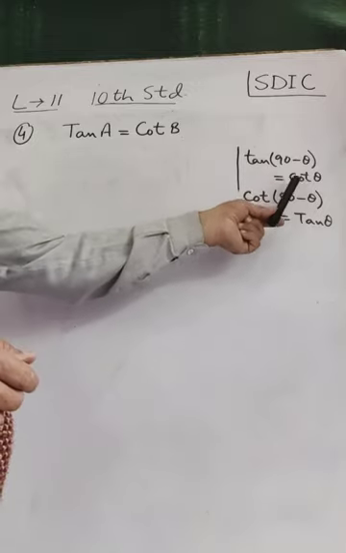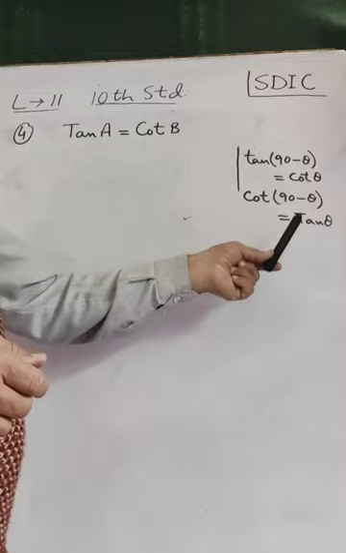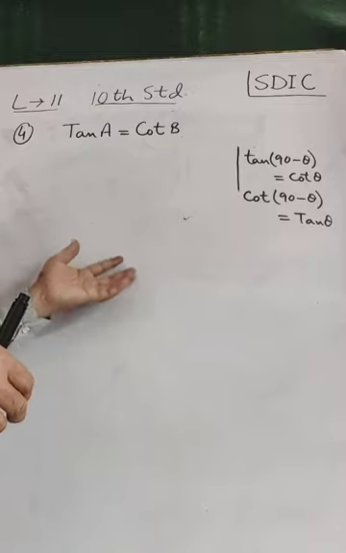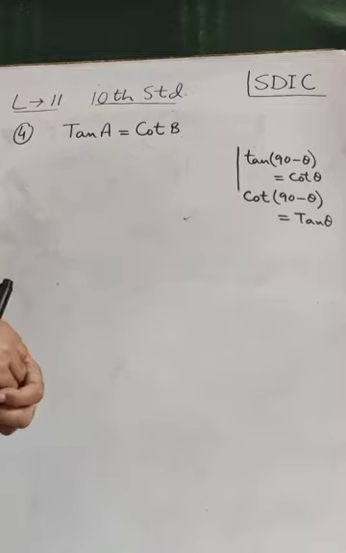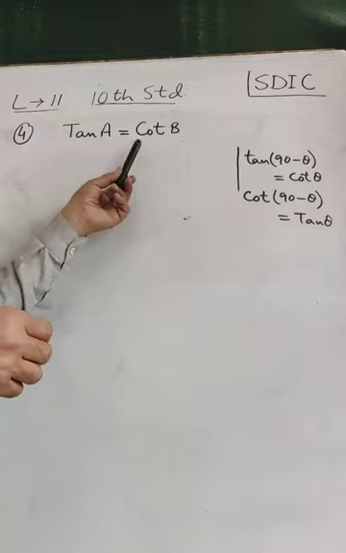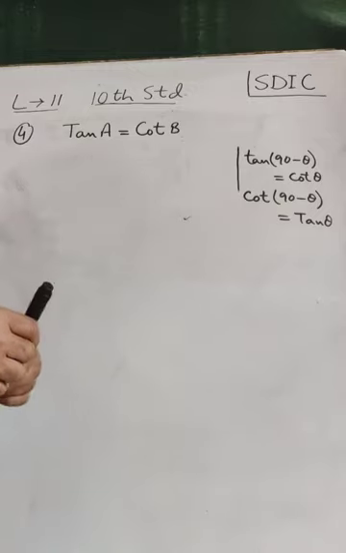Tan 90 minus theta equal to cot theta. Cot 90 minus theta equal to tan theta. Out of these you have to choose one. Well, in the previous question, the choice was made by using the trigonometric ratio which has a monomial angle.